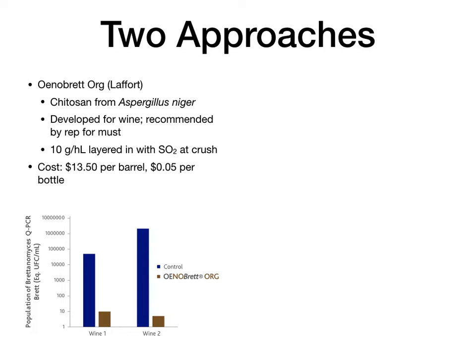But when we talked to Sean Richardson at Lefort, and told him what we wanted to do with this project, this was the product that he recommended for us to try on the must as well. So of the different Chitosan products, this is the one that Sean recommended. Again, this is a Chitosan product. When we look at the overall cost of it, it looks like it's about $13.50 a barrel, or about 5 cents a bottle. So just keeping the cost in mind when it comes to Chitosan products.